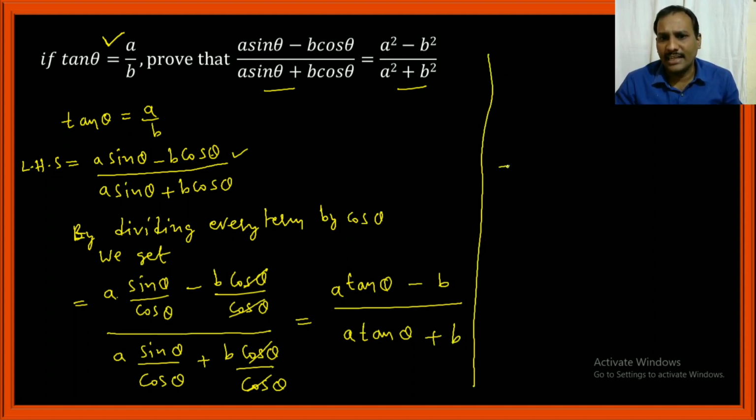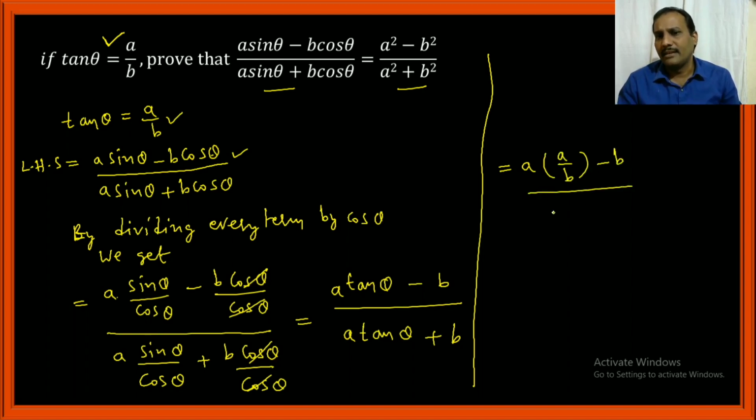We have the tan theta value as A by B. So A into A by B. Replace the tan theta by A by B minus B by A into A by B plus B. Simplify this. A into A square by B minus B by A square by B plus B.